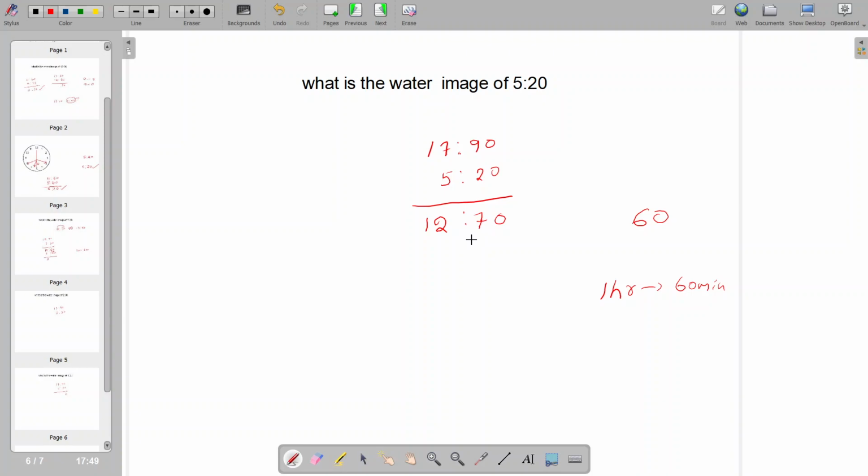We will have 12:10, 12:20, 12:30, 12:45, 12:50, 12:55, up to 12:55 only. Okay, after 60 minutes it will become one complete hour. So here we have 70, right? In 70 minutes we have 60 minutes. So bring that 60 minutes to this side. 60 minutes means 1 hour.